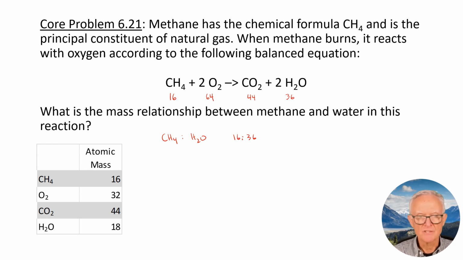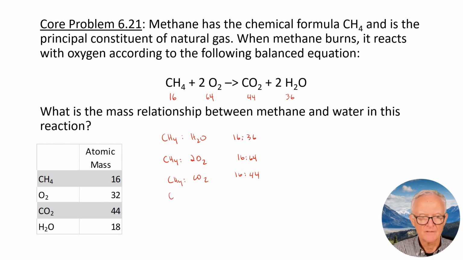Note that we could do the same thing for the relationship between CH4 and O2 in this reaction. It's 16 to 64. Between CH4 and CO2 is 16 to 44. What did I say last time? 16 to 64 for O2, 16 to 44 for CO2.